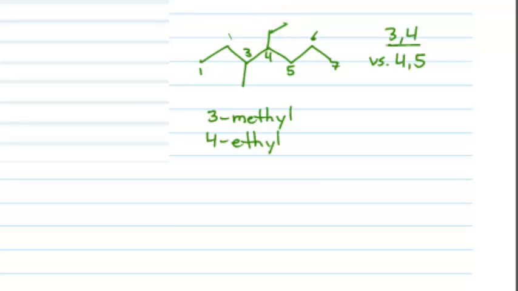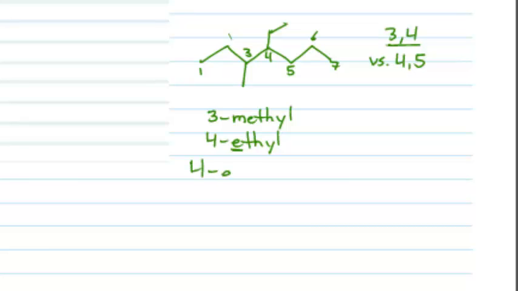Which one am I going to name first? Well, since both of these substituents are alkyl chains, they are the same priority. Substituents with the same priority end up getting listed alphabetically. So for alphabetical order, E comes before M, so I'm going to list out the ethyl before the methyl.